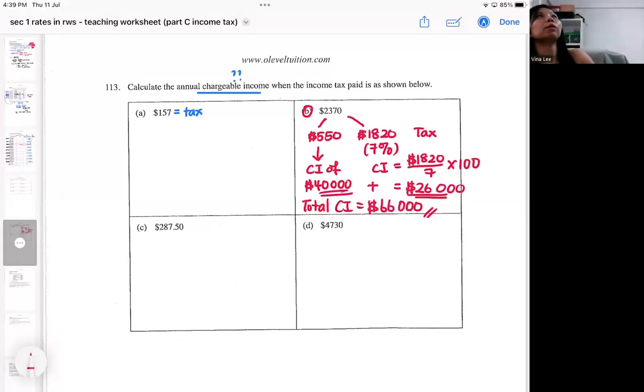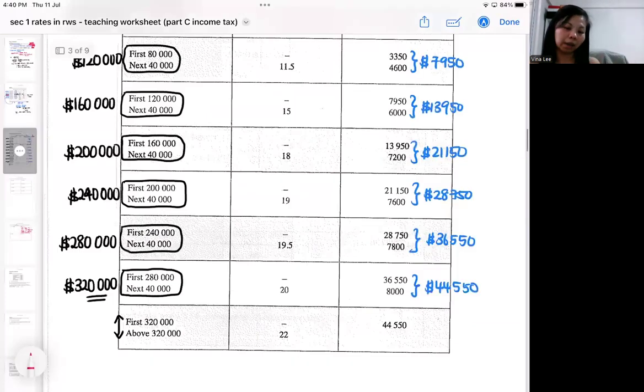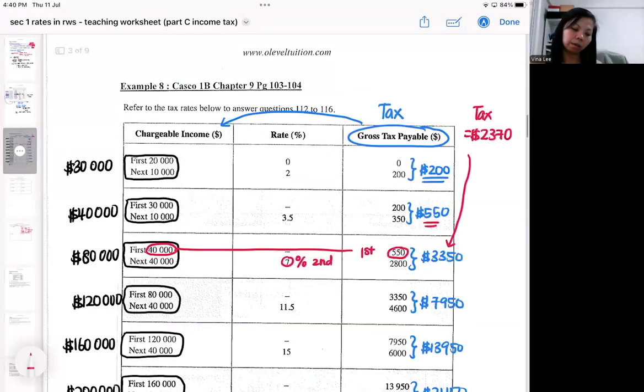Okay, so if you recall, if you want to calculate tax, your income is split into two baskets. If you got the tax, you need to split the tax into two baskets, and then for each of the baskets, you find the chargeable income. So you need to learn to go back to the tax bracket. If you are given the tax, you look under the tax column.